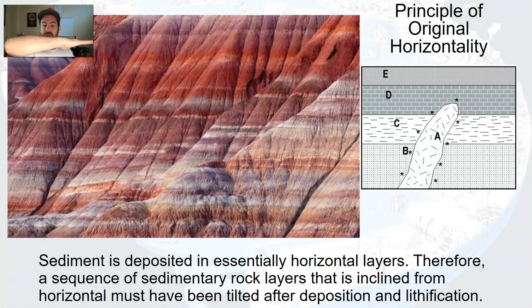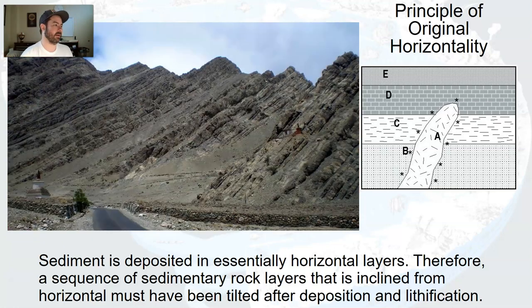So originally, sediment and sedimentary layers are horizontal. If they're tilted, that happened at a later time. That came later. So we can assess that the sediment was deposited first horizontally, then the rocks formed, then all of that stuff was tilted up. That's what we can assess there.